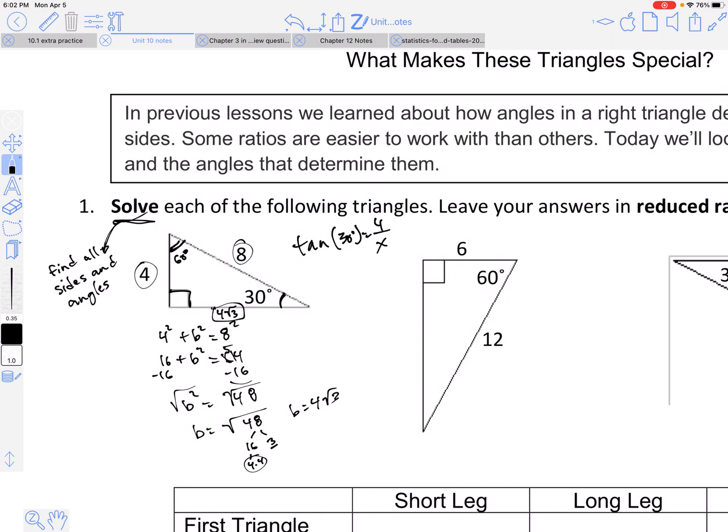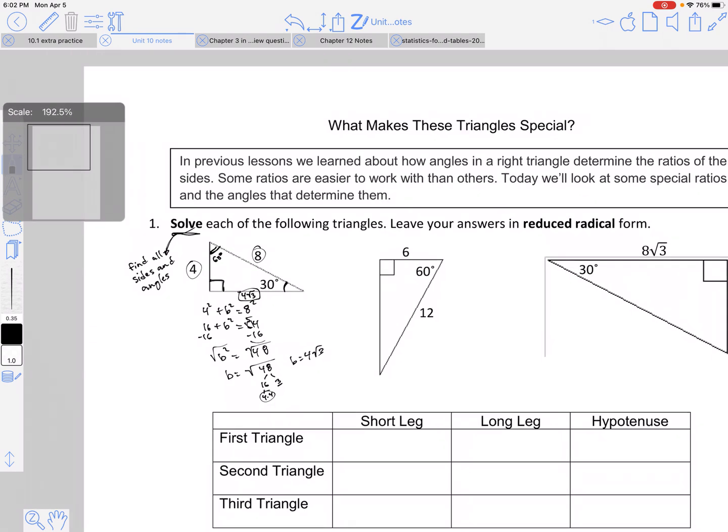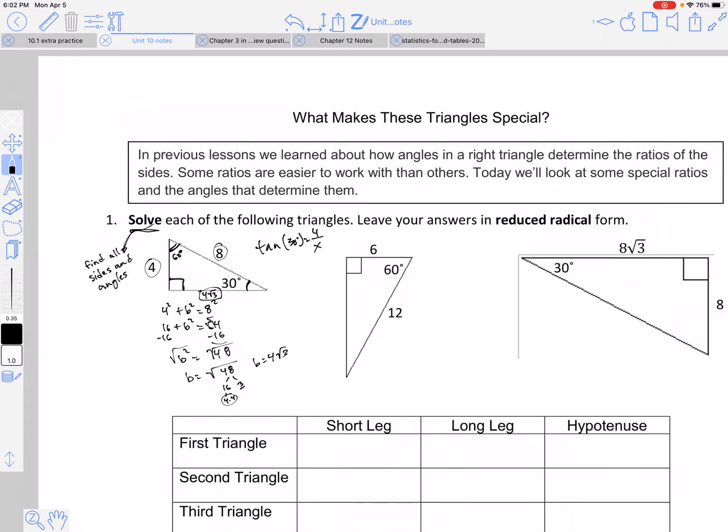I could solve for that, but remember, tangent of 30 will always give me a decimal. I mean, whenever I put the trig ratios in, it gives me a decimal. So that wouldn't have been nice to get that radical, okay? But if you do it in your calculator, you'll find that you get the exact same answer.